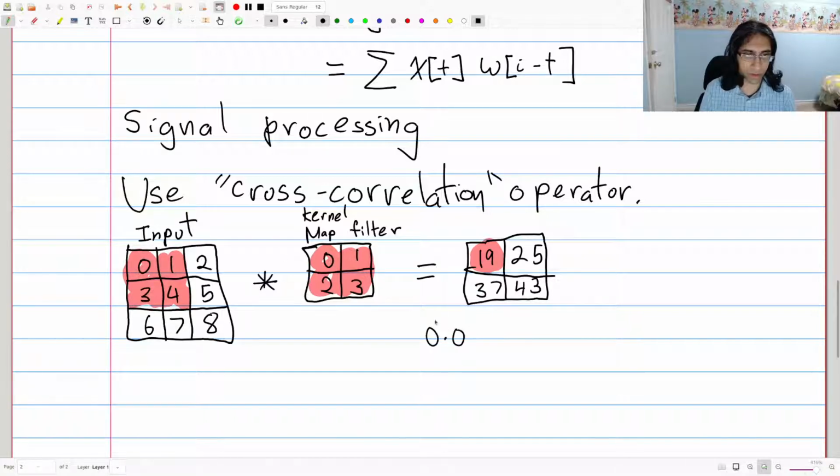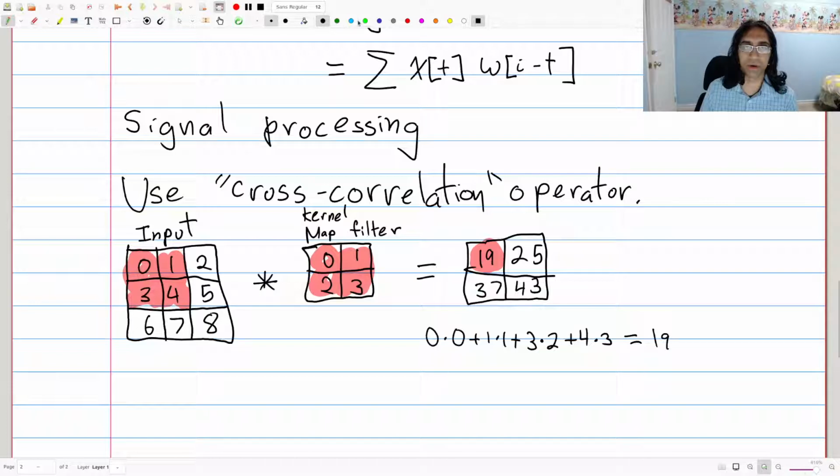So 0 times 0 is 0, plus 1 times 1 is 1, plus 3 times 2, plus 4 times 3. You just multiplied the corresponding entries of these two, and this is equal to 19, which you see is exactly the value we have here. That's how you get the top left one.